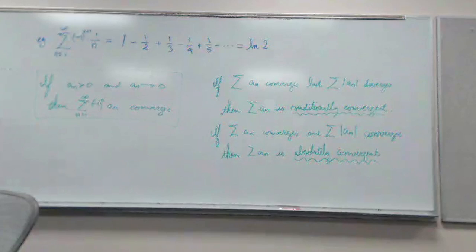Moreover, since the absolute value of this, all the negatives are going to drop out, basically. In other words, you get this. Since this converges by the p-series test, right?